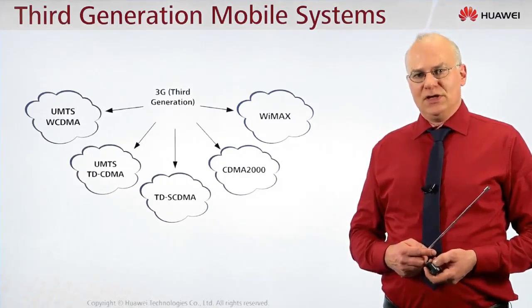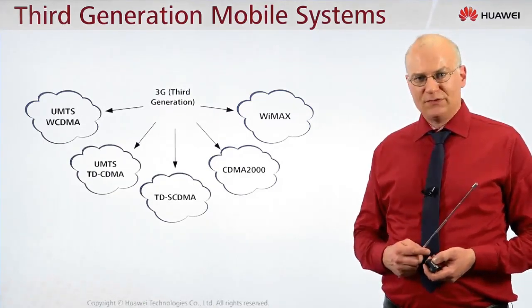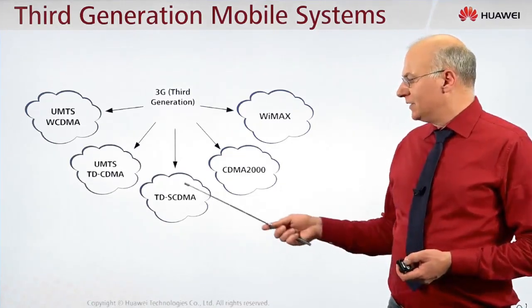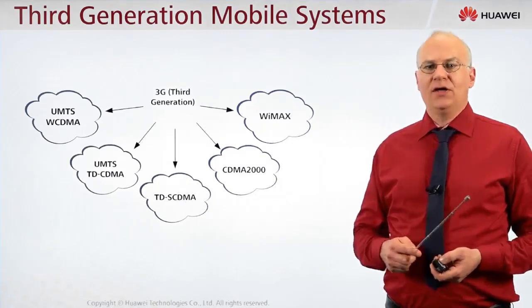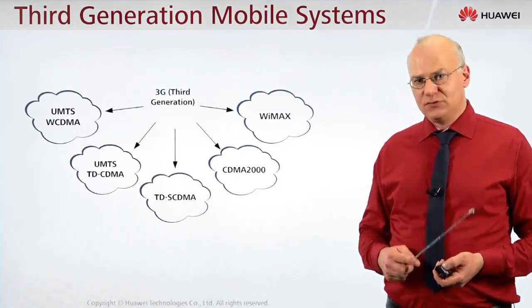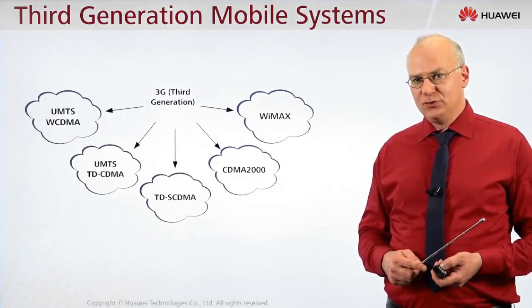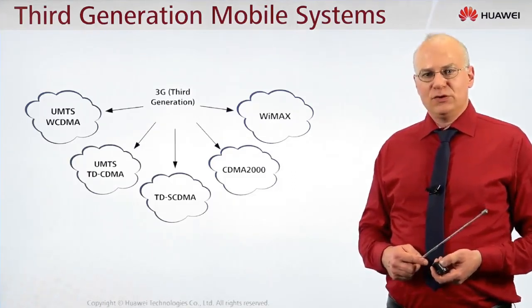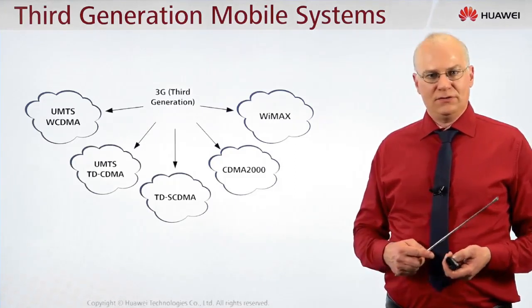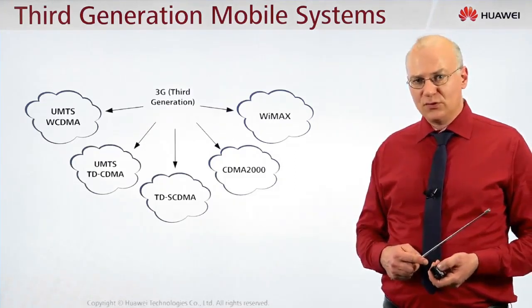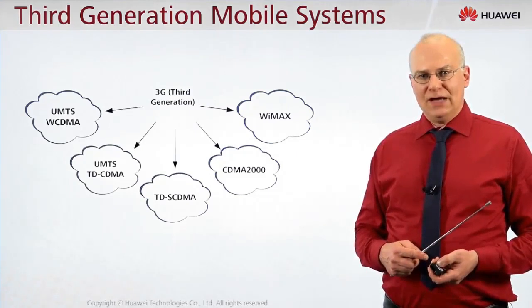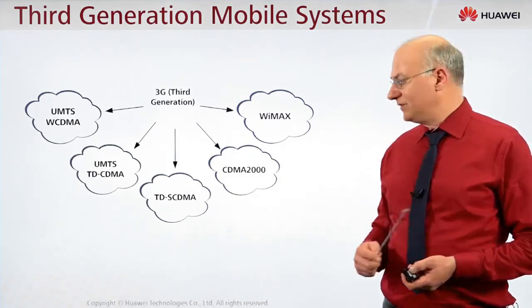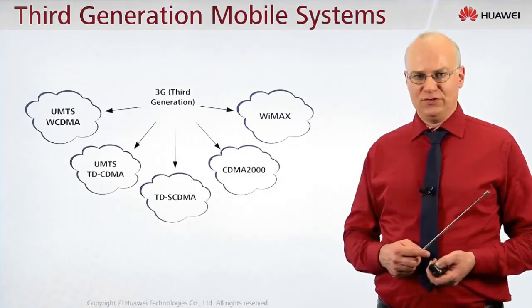It uses smaller bandwidths like UMTS, and synchronous stands for that the uplink needs to be synchronized between the different users using a timing advance mechanism, which is already known from GSM because it also uses time division multiple access like GSM, but together with code division multiple access.